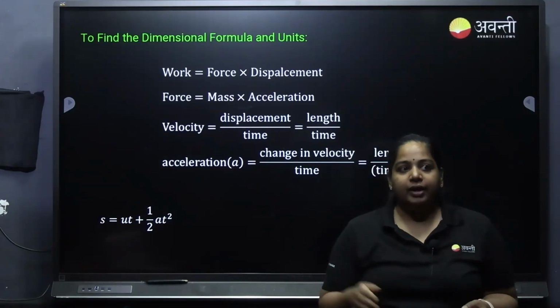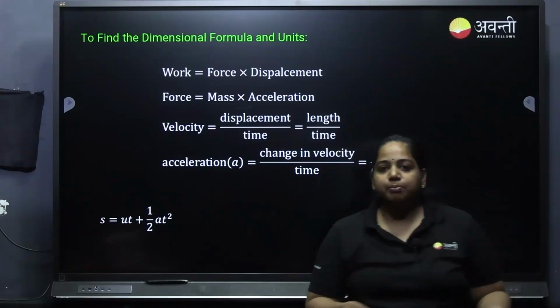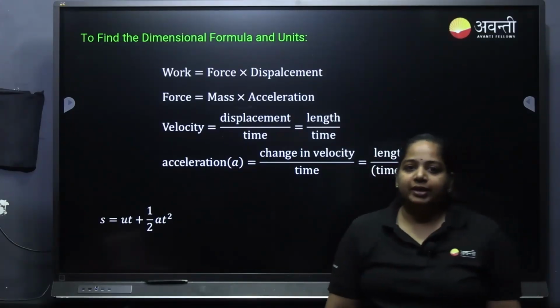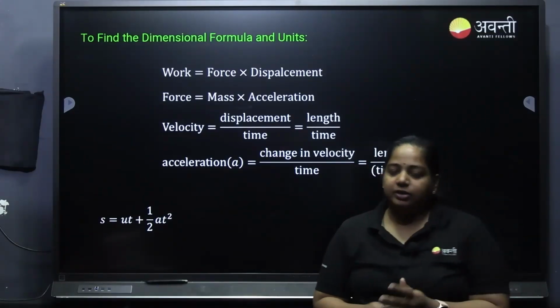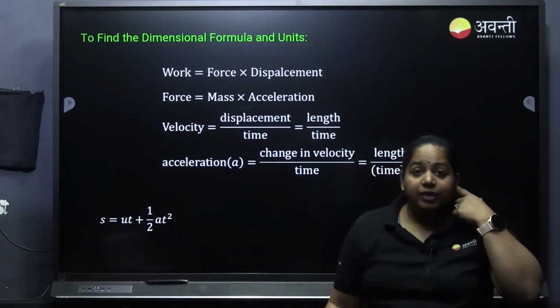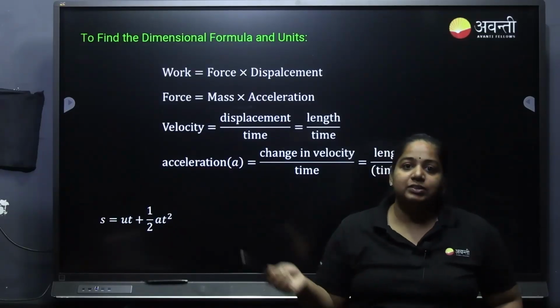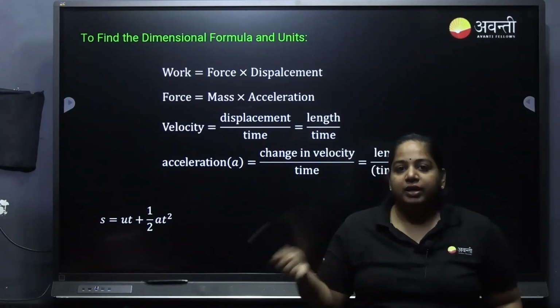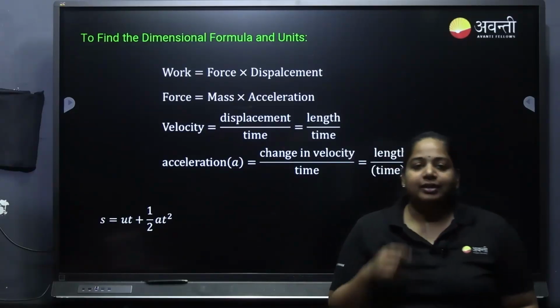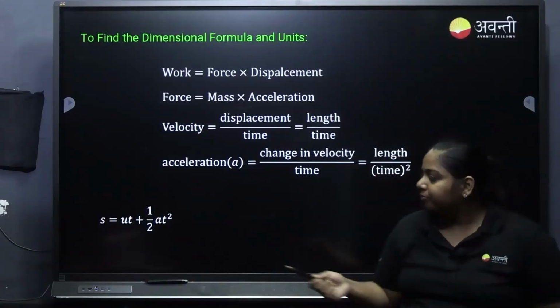I can add mass only to mass, right? 5 kg plus 0.5 kg, like that I can add. So only quantities with the same dimensions can be added. You have seen that potential energy minus work, or work is the same as potential energy. That just means that they have the same dimensions.